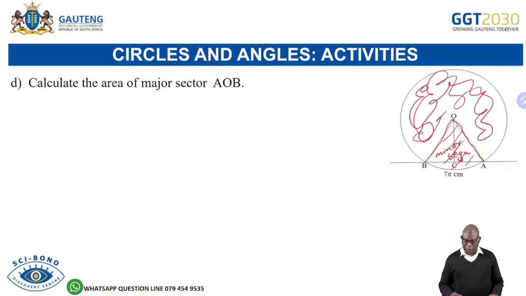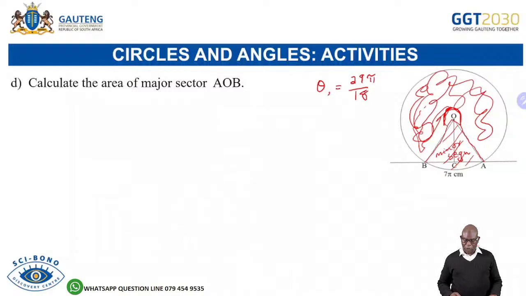So I need to find the area of this one. Obviously, I must use the angle on this side. The angle that I'm going to use now is my theta in radians. It's going to be 29 pi over 18.